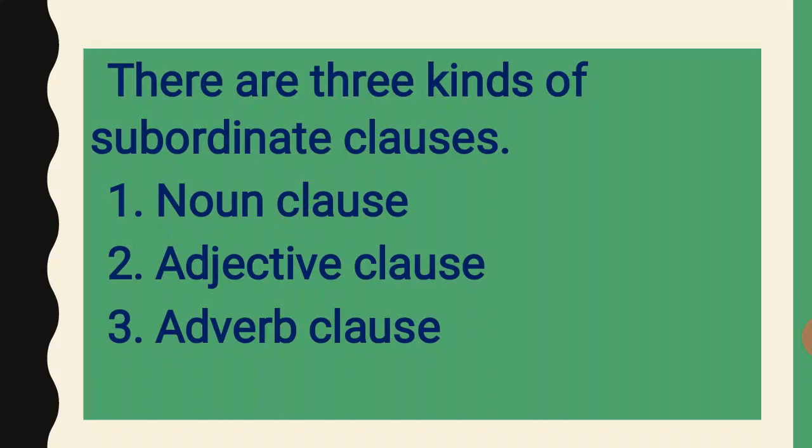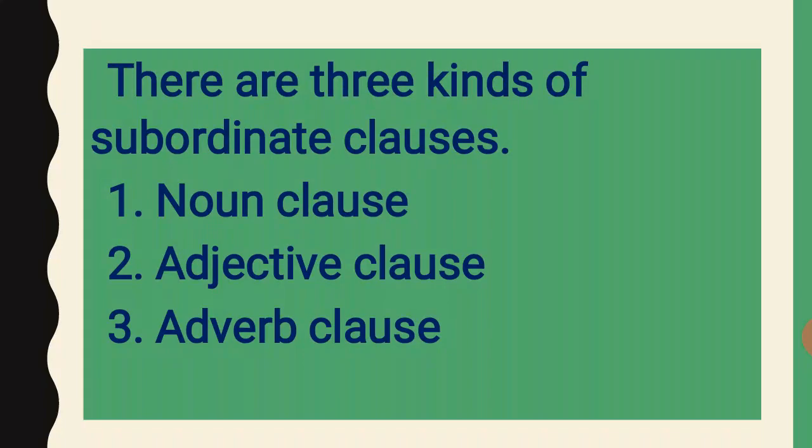And subordinate clause. What do you mean by subordinate clause? A subordinate clause is that clause which cannot express a complete meaning in a sentence formation, and it alone cannot stand as a sentence because it depends on the other clause to give a complete meaning. It serves a subordinate role in the sentence. That is why it is called a subordinate clause. So it is called a dependent clause.